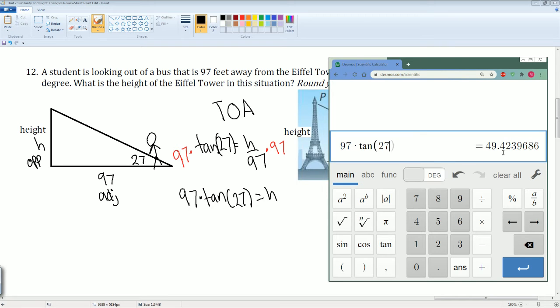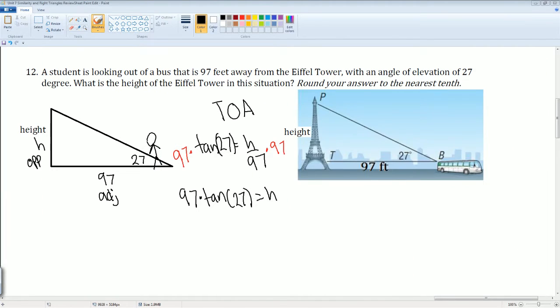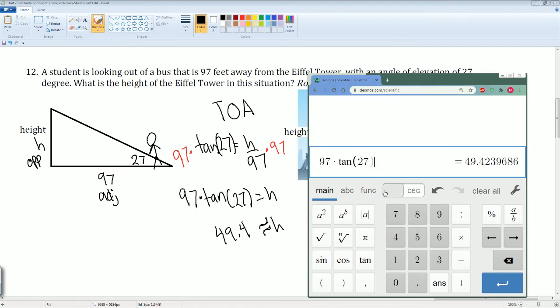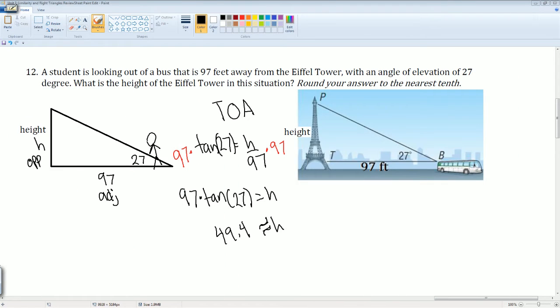So I get 49.4. So the height is approximately 49.4, and I rounded, so I use the approximate symbol. So there you go. 49.4 is the approximate height in this situation, and I use the units of feet.